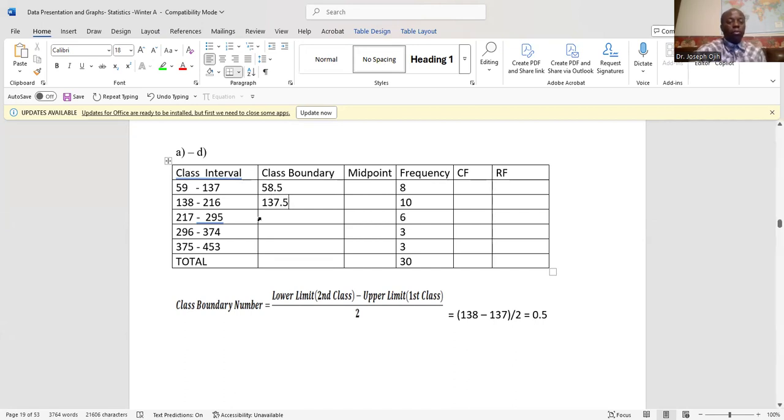And so on and so forth. Get the rest of them: 216.5, 295.5, 374.5. Then put your dashes.